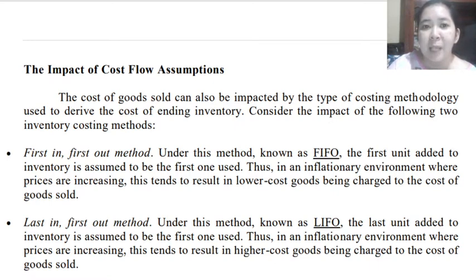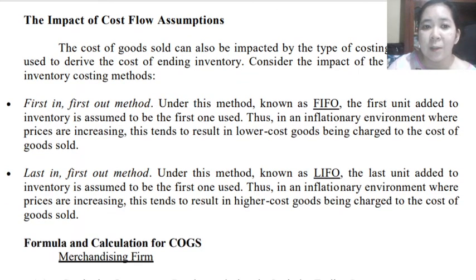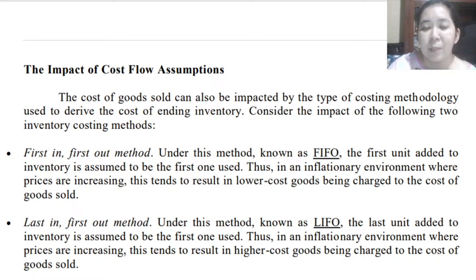Here, the entity can use these cost flow assumptions, but of course it will later on have an impact on their ending inventory, as well as the income, or the profit or loss. So we have here the two methods of inventory costing: the FIFO and LIFO methods.